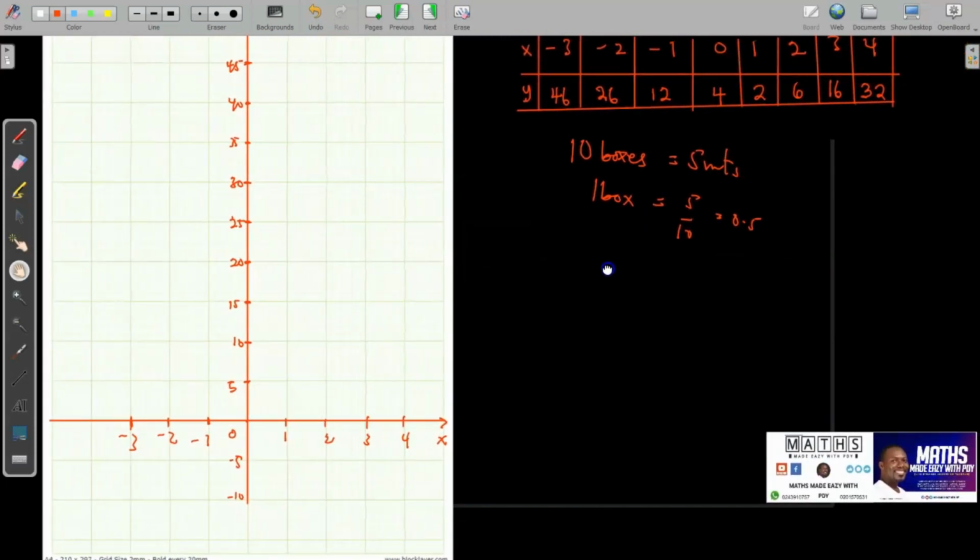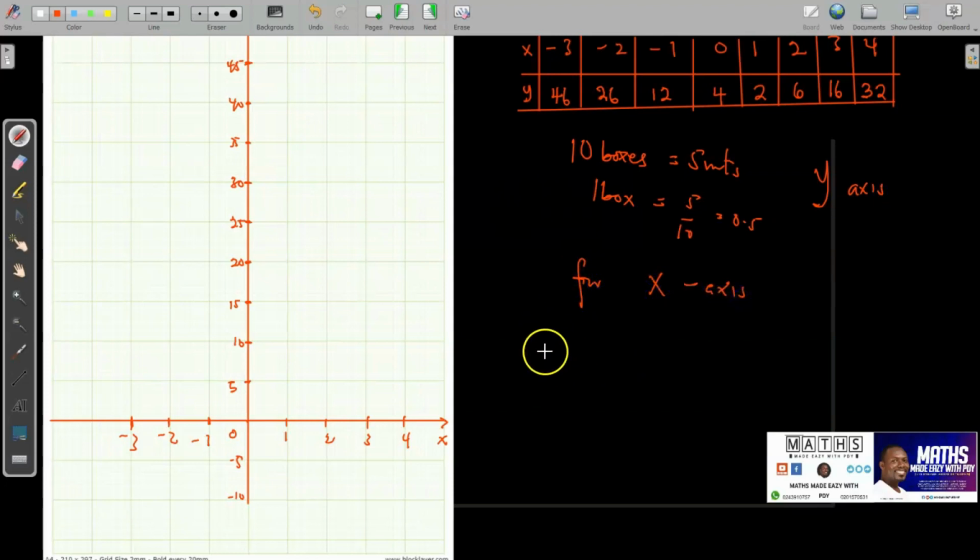So this is what I have here. For the x-axis, 10 boxes is equal to 1 unit. So one box is 1 times 1 over 10, which is equal to 0.1. That's how you calculate it.